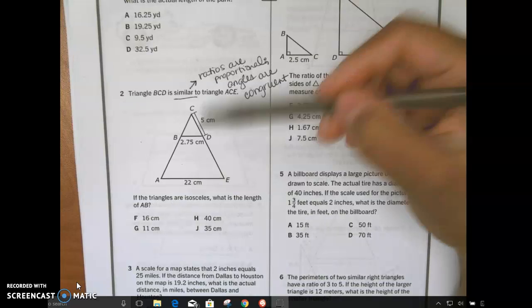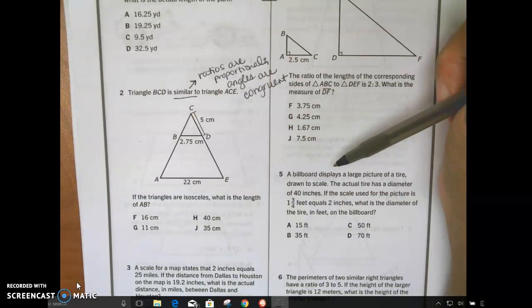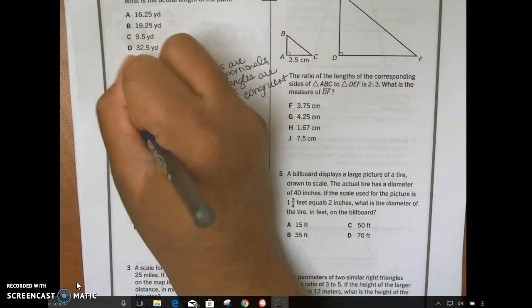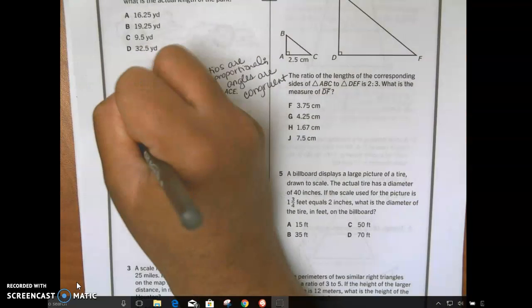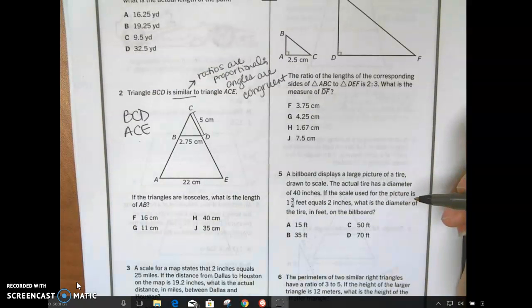Okay. What do they have in common, BCD and ACE? They both look like they're isosceles, but something else is very obvious. What do they share?